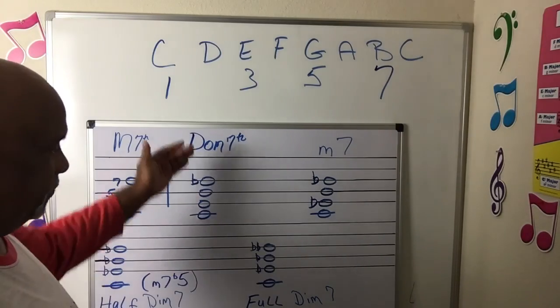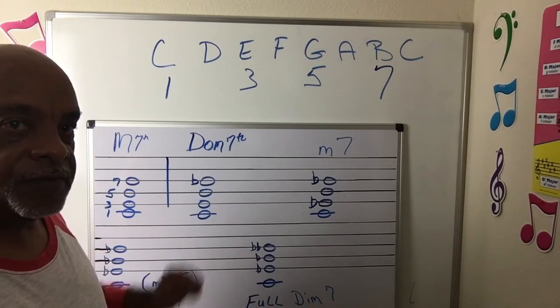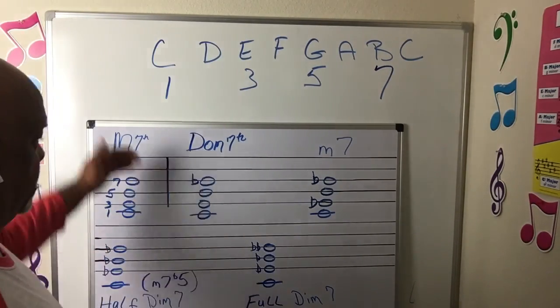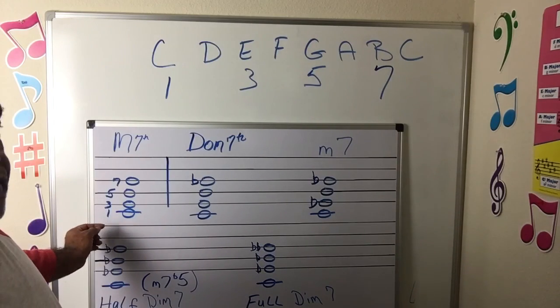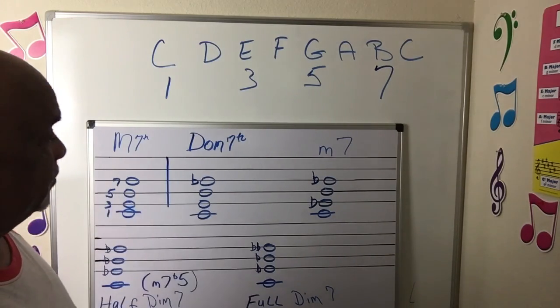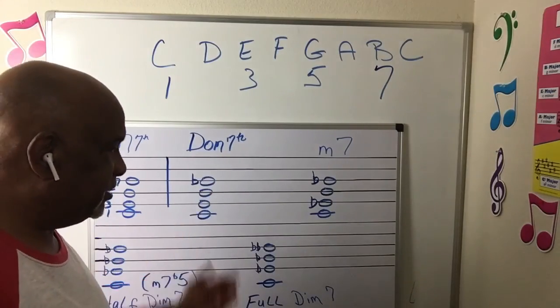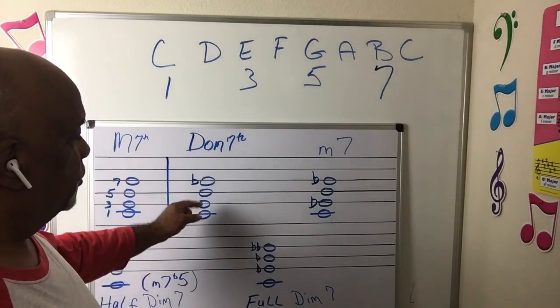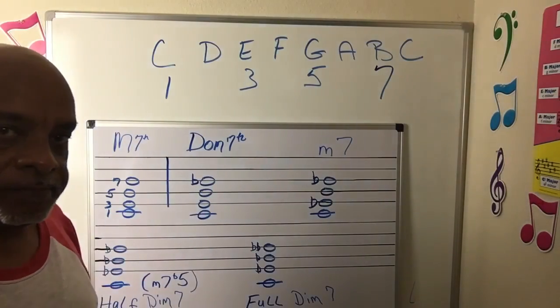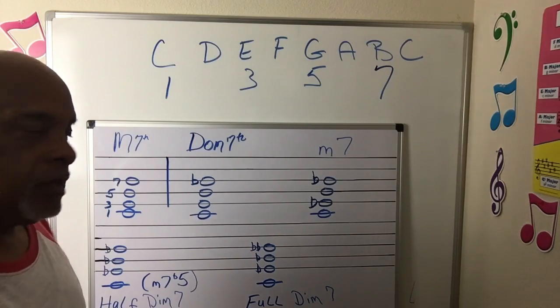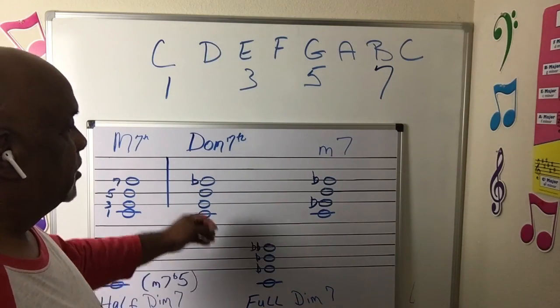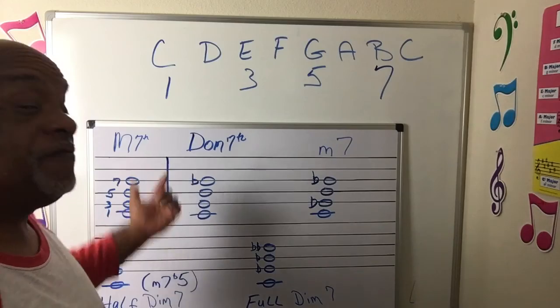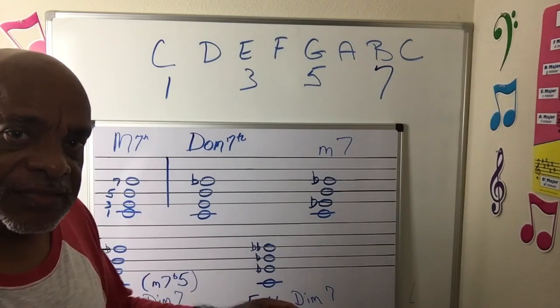So you've got your major 7 chord, 1, 3, 5, 7, and then your dominant 7 chord, which is 1, 3, 5, flat 7.